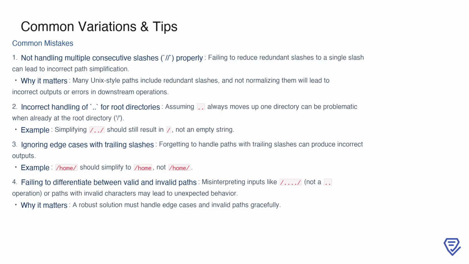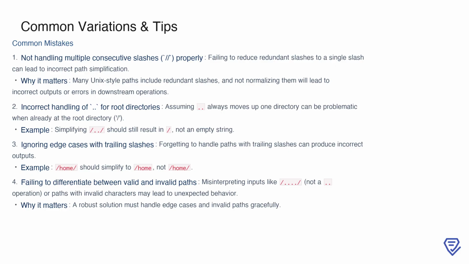Next, problems can arise when dealing with going above the root directory. A key rule is that you're already at the root when the path starts with /, so attempting to go up using .. should still resolve to /, not an empty string. Another issue is forgetting to handle trailing slashes correctly. For instance, /home/ should simplify to /home without the trailing slash, as the normalized version of a path doesn't include it.